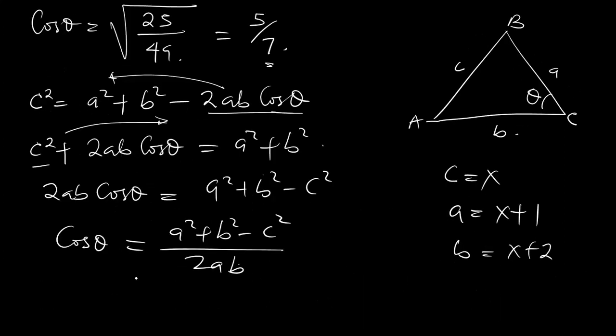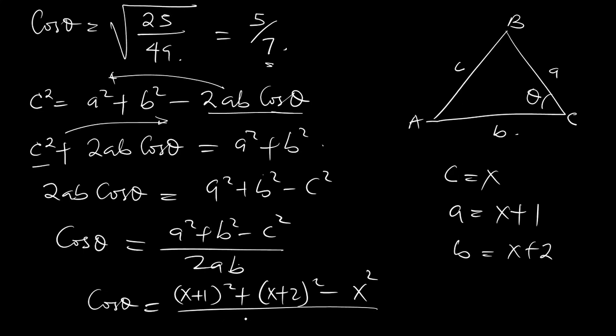So now to substitute it here, we will have cos theta equal to x plus 1 squared plus x plus 2 squared minus x squared divided by 2 times x plus 1 times x plus 2.